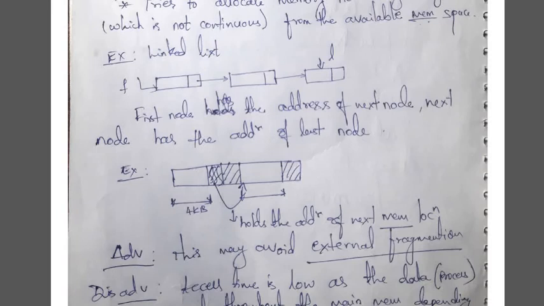So what is the advantage of going for this? Suppose I have a process of 5 kilobytes that has to be allocated here. Since it is non-continuous, it might not require 5 kilobytes in continuous format. It could store part of it here, and the remaining 1 KB could be in the next node. That next node is pointed to by the address held at the last position of the first node.